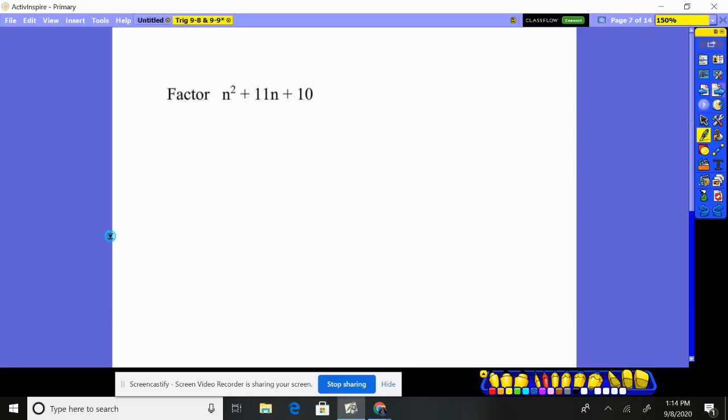To do it, we're going to start with our outside number. I know that to create that 10, I had to have two numbers that multiplied together to give me 10. So I could have had 1 times 10 or 2 times 5. So it's either n plus 1 times n plus 10 or n plus 2 times n plus 5.